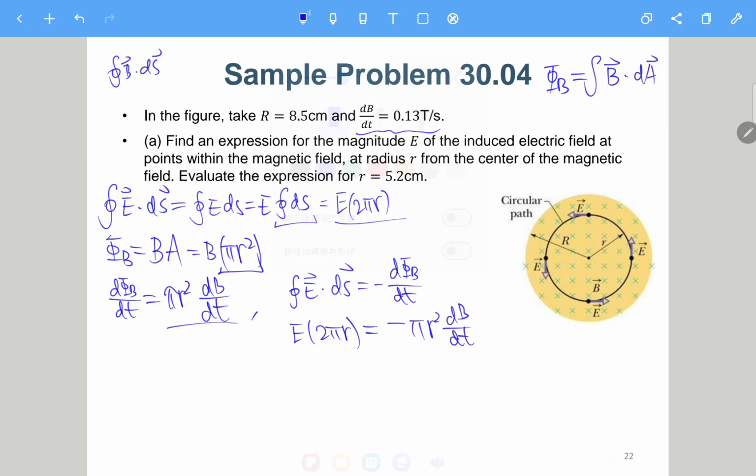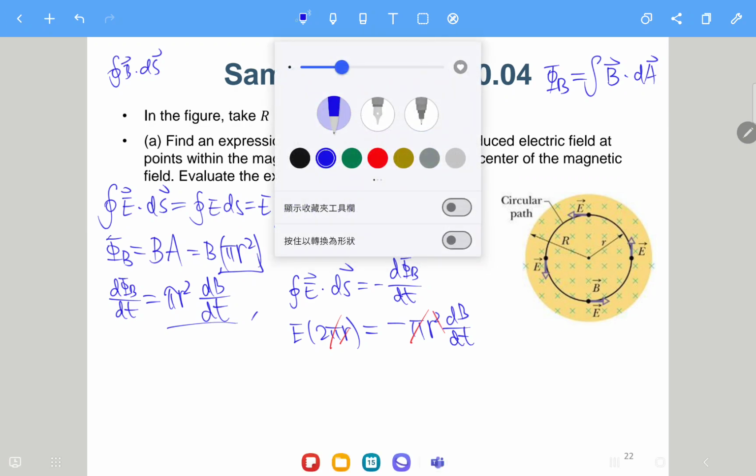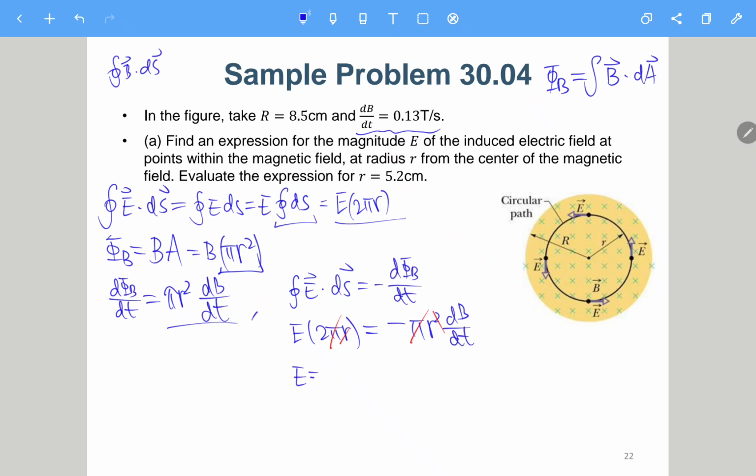Okay, so we can do some cancellation. π and π can be cancelled, and this r and one of the r can be cancelled. So it remains E equals negative r over 2 times dB/dt.